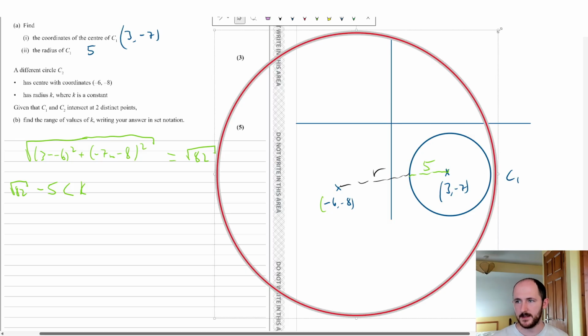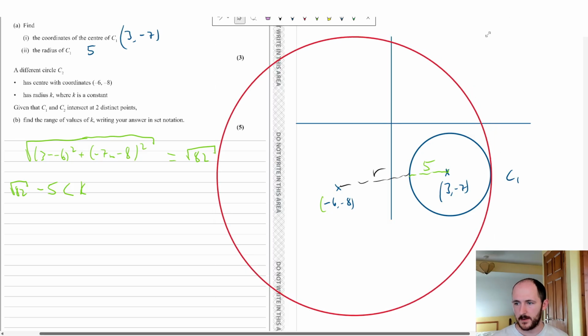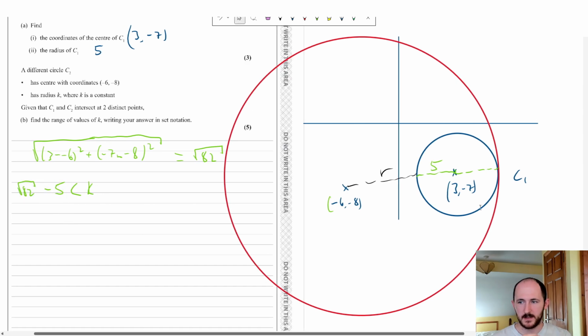And that will happen when they only intersect once on the other side. So in other words, when we have r plus 5, well, okay, we need to work out what the radius would have to be for this. So the radius of this would just be equal to root 82 minus 5, because that's that value of r here, plus another 5, plus another 5 again.